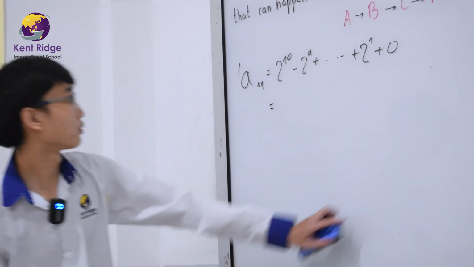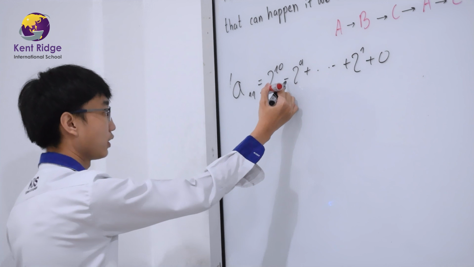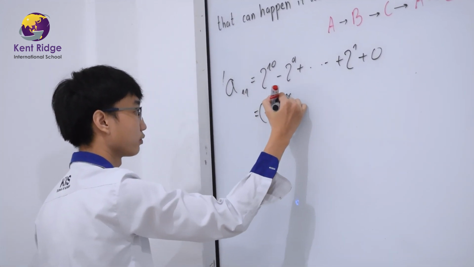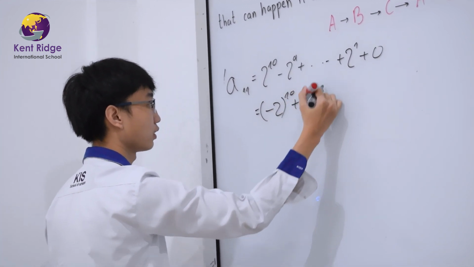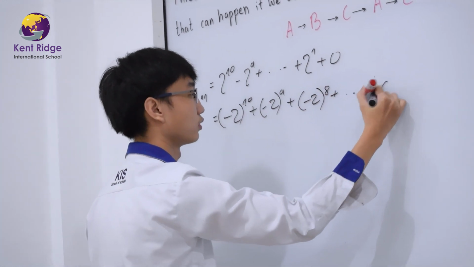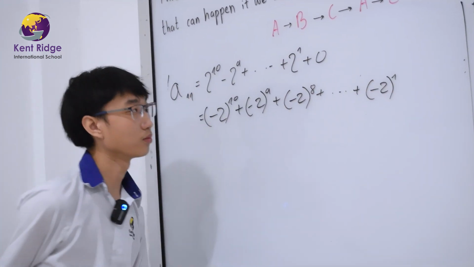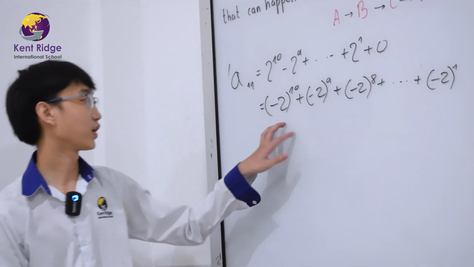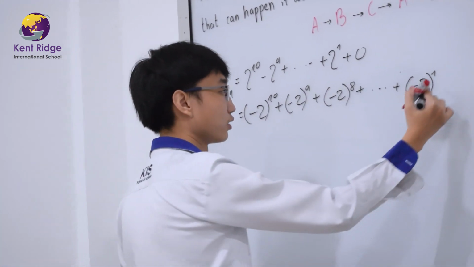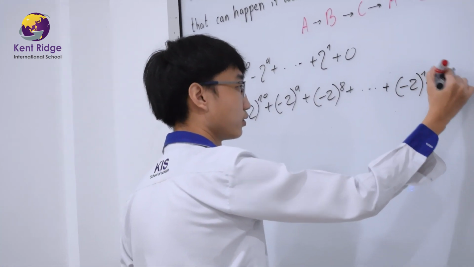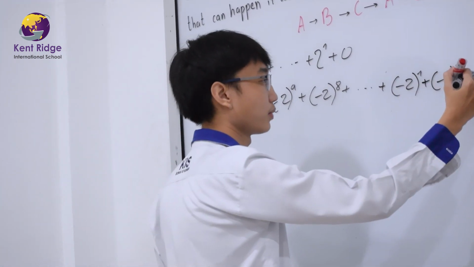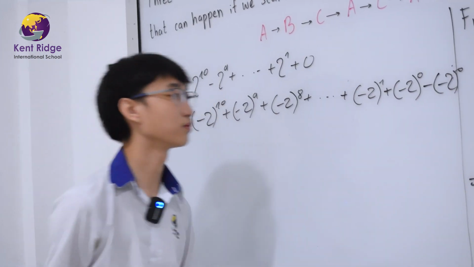So we can actually take the negative sign inside, so we would get negative 2 to the power of 10 plus negative 2 to the power of 9 plus and so on. But we can see that this is starting to look more and more like a geometric sequence. So I'll just add another negative 2 to the power of 0, but we'll also have to minus it by negative 2 to the power of 0.